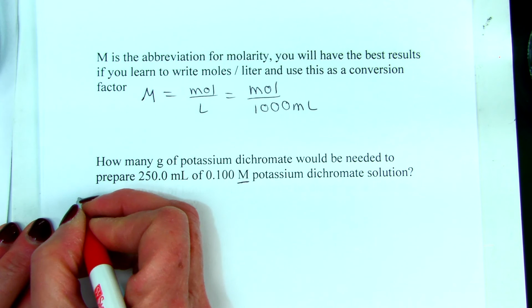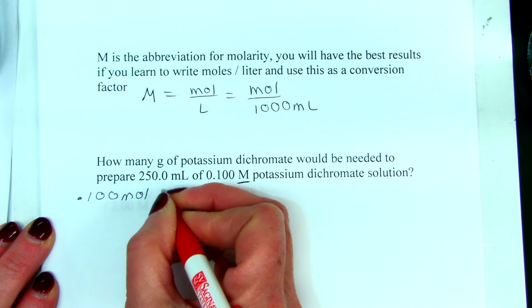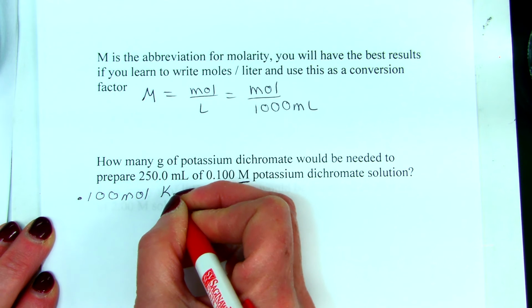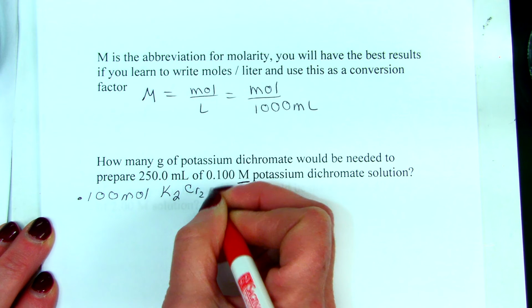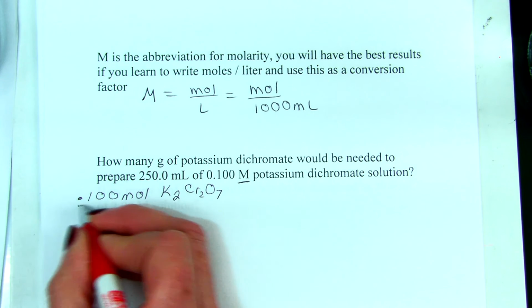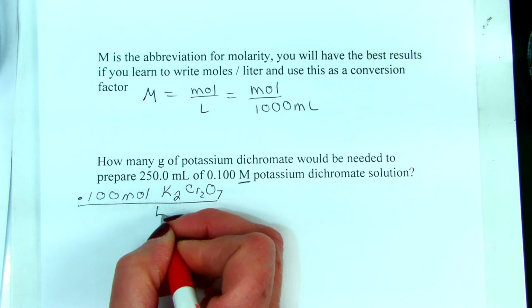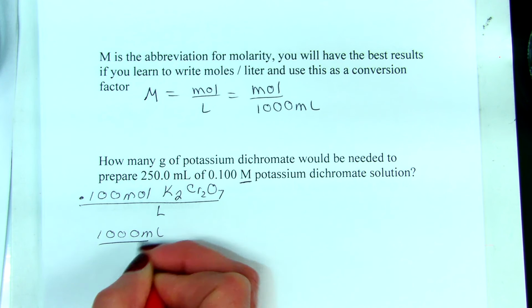We know that we have 0.1 moles of potassium dichromate, and we need the formula. Potassium is a +1, dichromate's a -2, so we need 2 potassiums. We need 0.1 moles per liter. We know there's 1,000 milliliters in a liter.